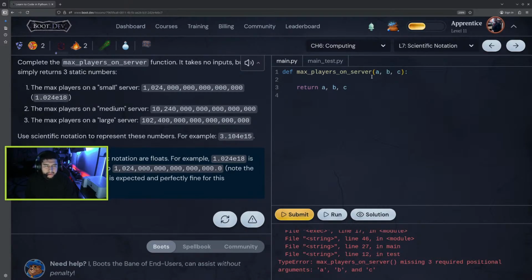I should have probably kept it as small, medium, large, but let's put A equals 1.024 and then e, 18.